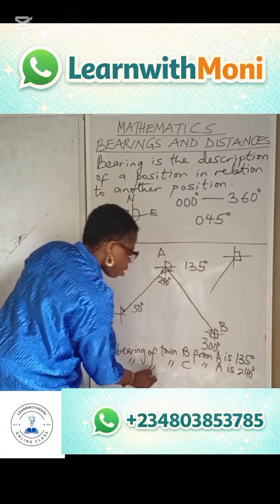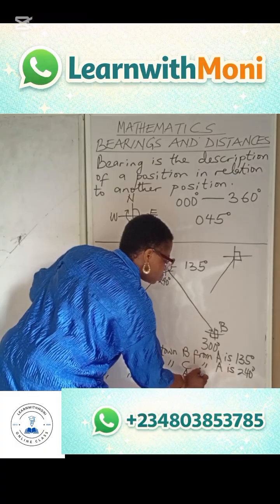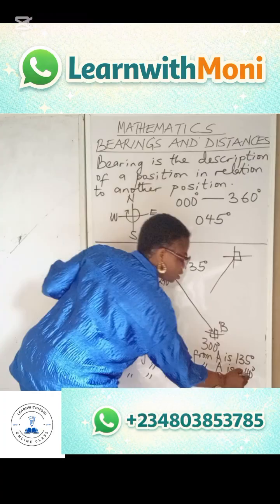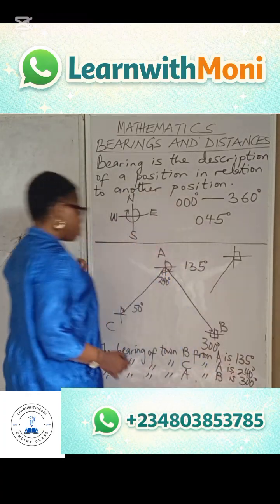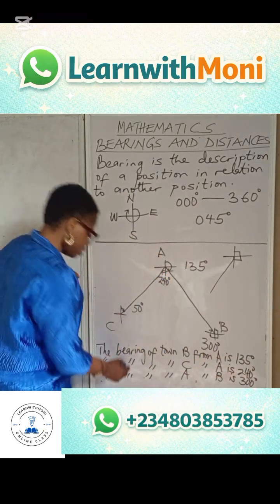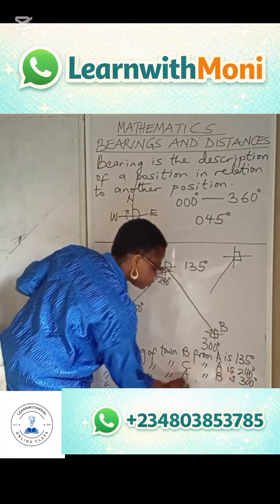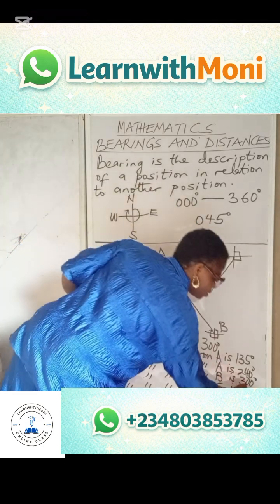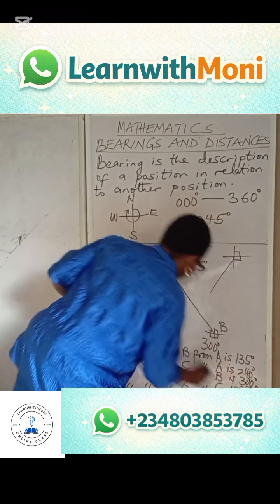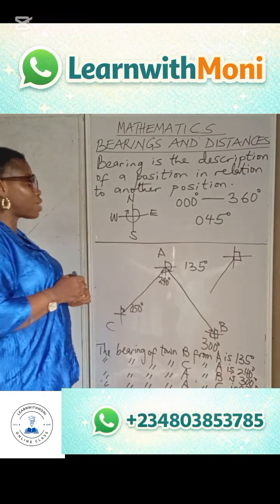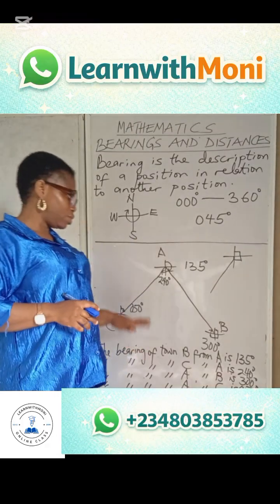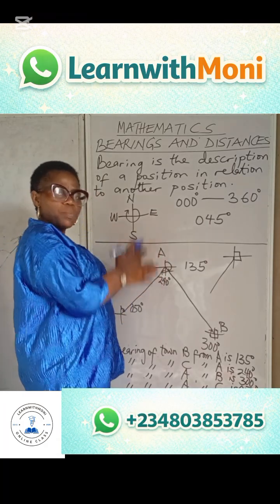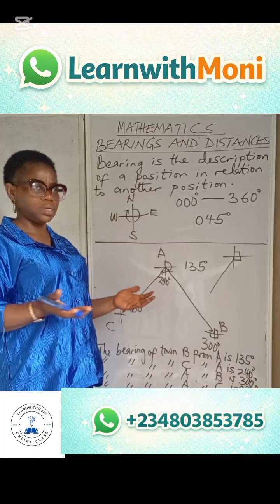The bearing of town A from B is what we are seeing here, is 300 degrees. And the bearing of town A from C is what we are seeing here, less than 90 degrees, which is 050 degrees. Remember, I said bearings are always written in 3 digits. So describing a position in relation to another position is what we call bearing.